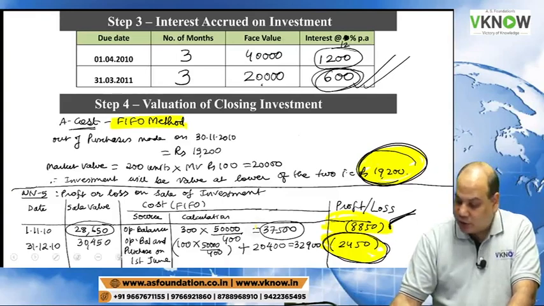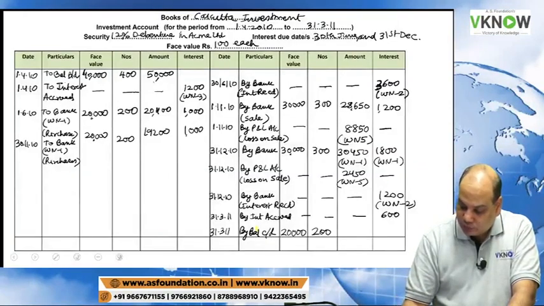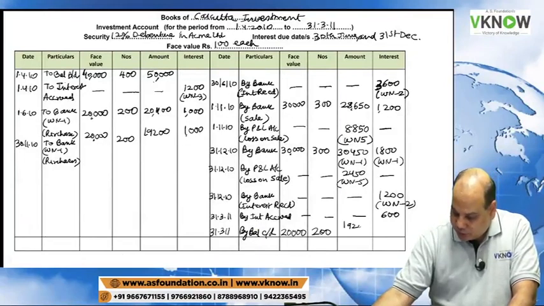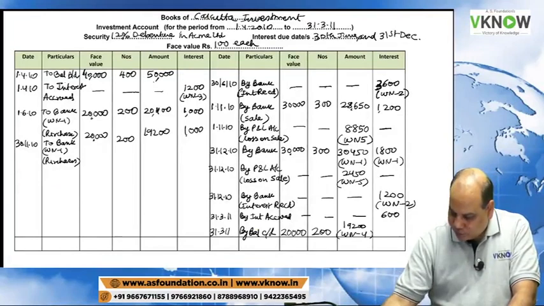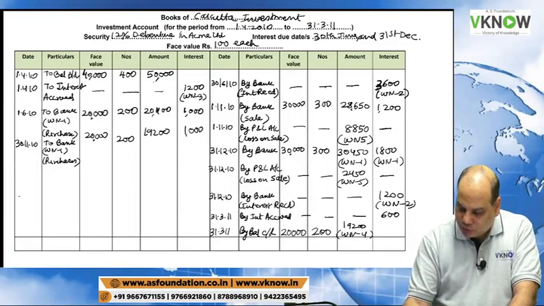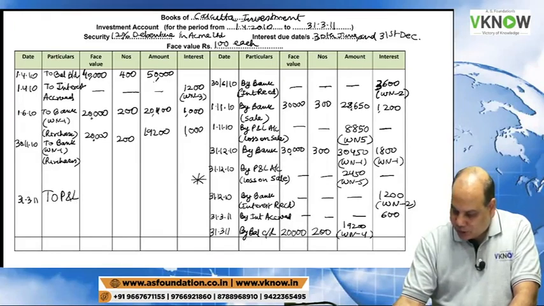Is 19,200 right? So 19,200, you write here and write working note 4.